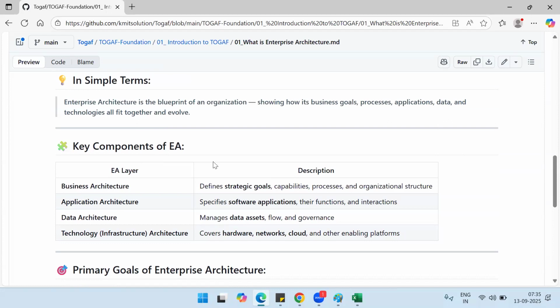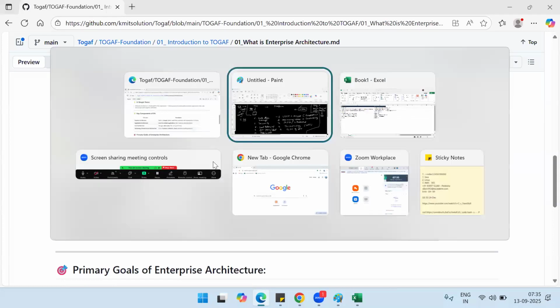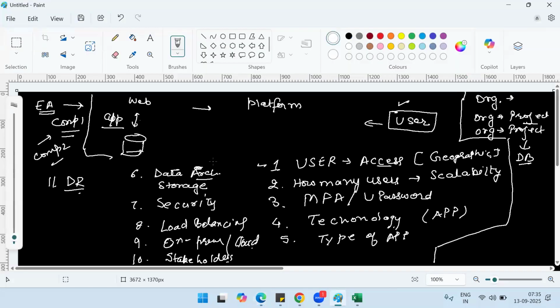So what does the goal mean? If you are appointed as an enterprise architect for this particular application, you need to ask some questions. You ask, what is the business for this? Why have you developed this application?